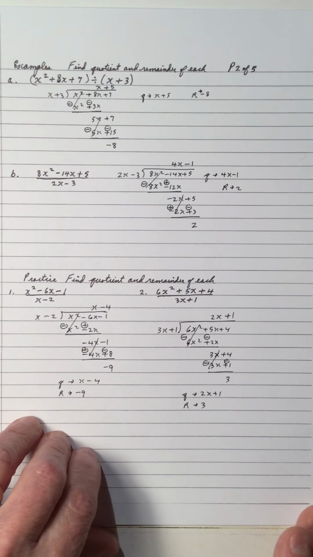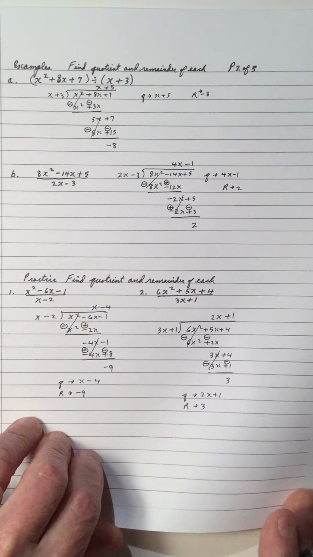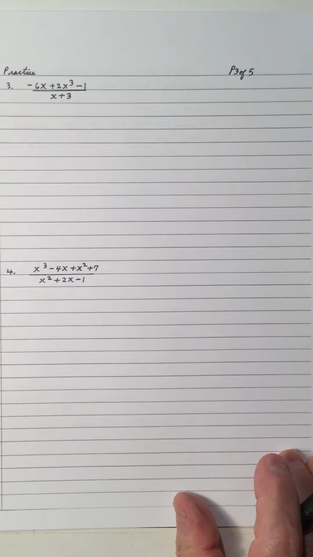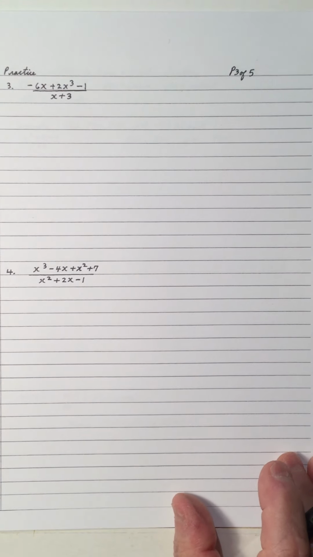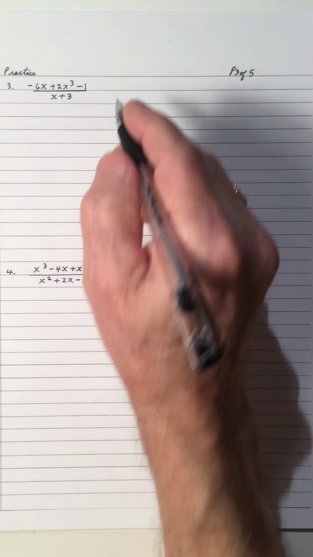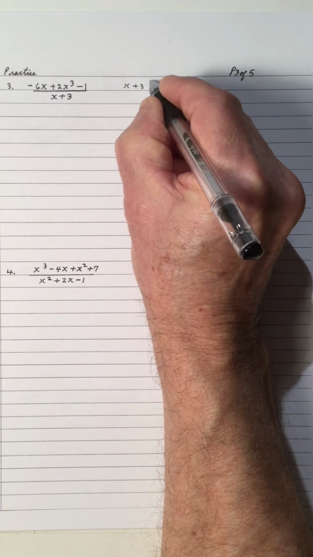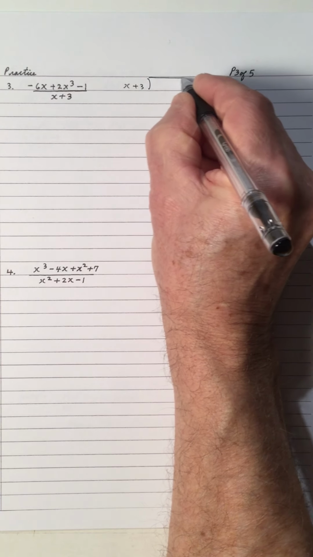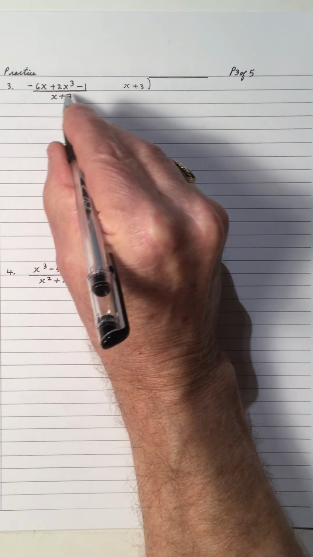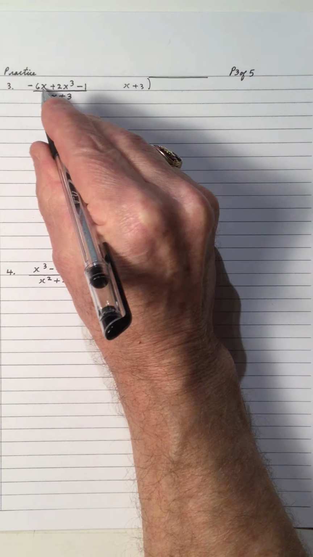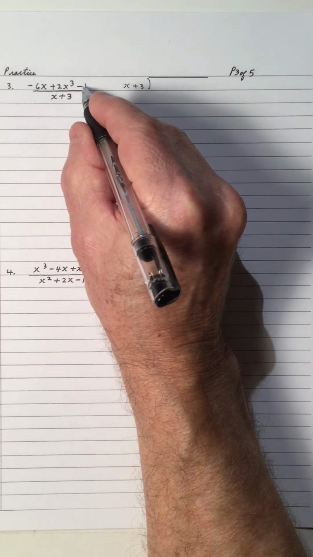So that's a bit of practice in dividing polynomials. Okay, another one. Pause the video if you wish. Now we have x plus 3 divided into 2x cubed, but notice now that this is x cubed and a constant.